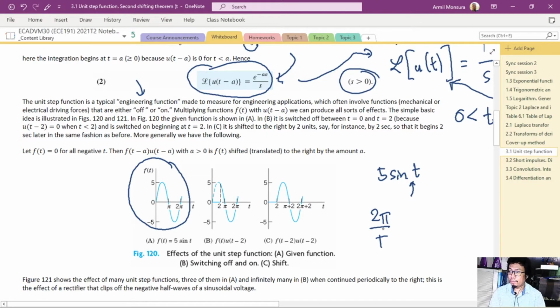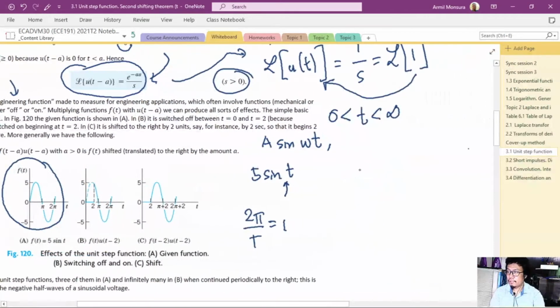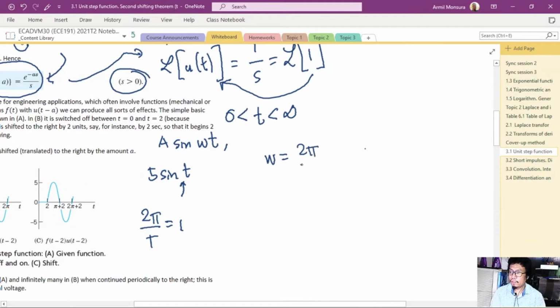The general form of your sine function is a sine of omega t, and omega is essentially 2 pi over T, the uppercase T, which again is the periodicity of your signal. In our particular case, for 5 sine of t, this omega is actually equal to 1.